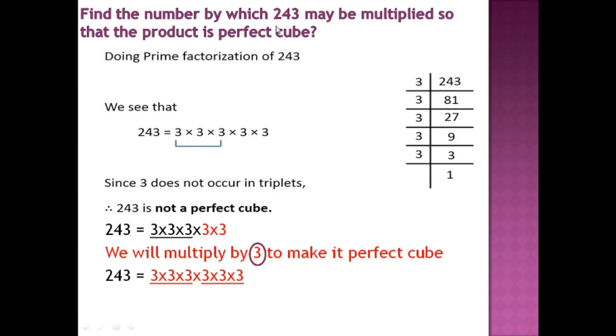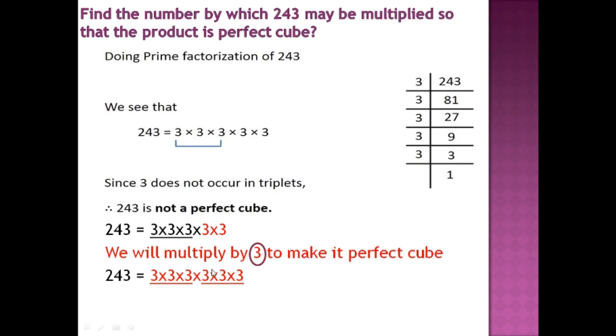I have taken the same example 243. First of all, find all the prime factors, write all the prime factors, make groups of 3, and you will see that we have only two threes here. One 3 is missing. We are not able to make a group of 3 here.